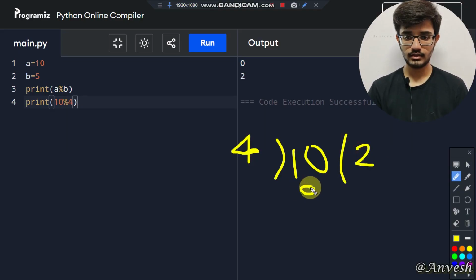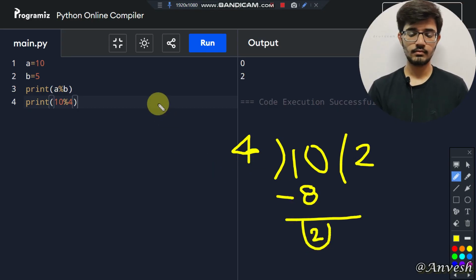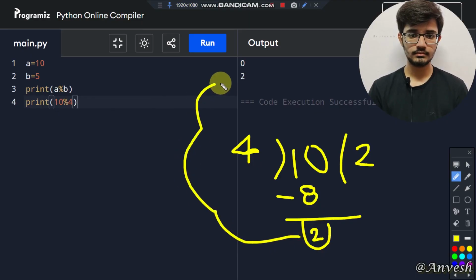So we got the remainder by using the modulus operator as the percentage symbol. So this is the remainder we actually got here. Is this symbol clear?